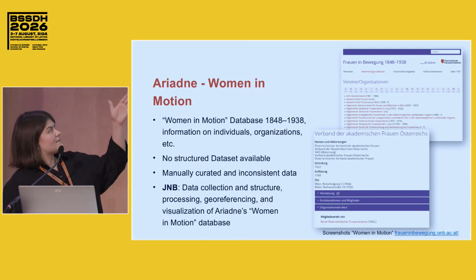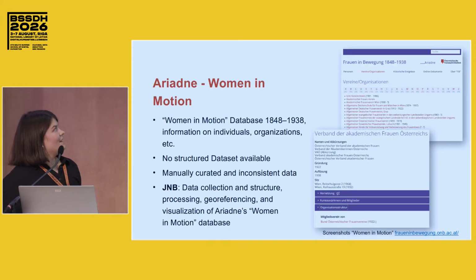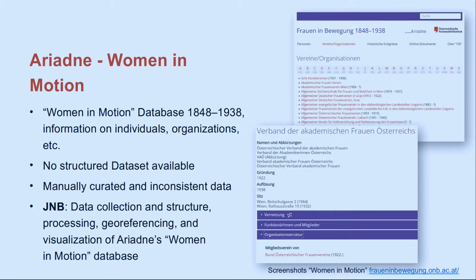On the right side you can see it's a website, and it has a listing of all the letters, A, B, C, D. Then you can click on it, and you can see, oh, there is the academic women in Austria, what name it has, when it was founded, and you can get all of this information.